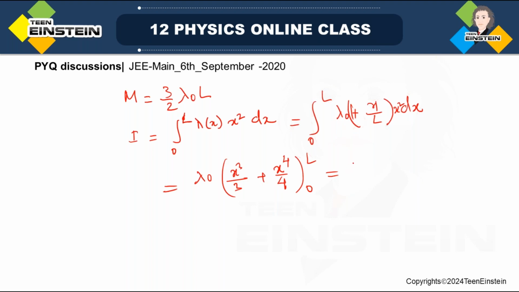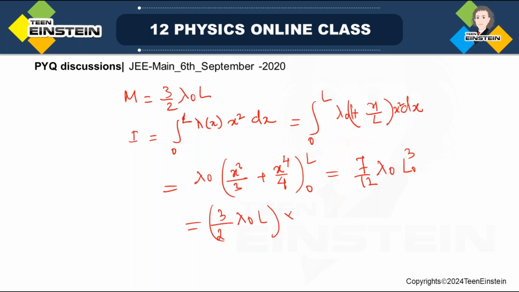So we can see easily that this will be 12. So 3 and 4, 7. So 7 by 12 lambda 0 L cube. So we know 3 by 2 lambda 0 L is actually capital M. So rest you get here.